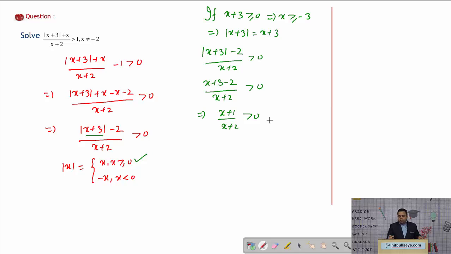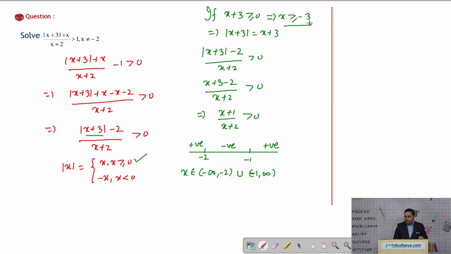Now since the right hand side is 0 and the coefficients of x are positive in both numerator and denominator, the solution set to this inequality will be, just plot the critical points, minus 2 from the denominator and minus 1 from the numerator. This region is for the positive inequalities, this one is for negative, and this one is for positive again. So that means the solution set will be x belongs to minus infinity to minus 2 union minus 1 to infinity.